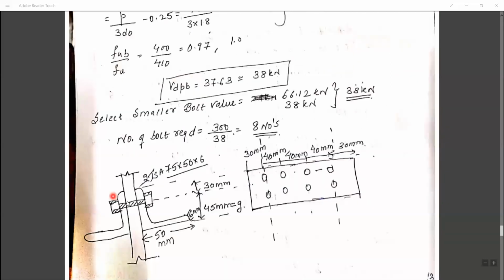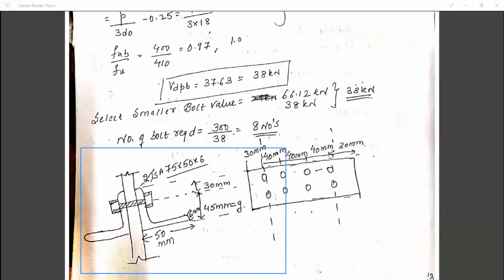See here, whenever I am doing a bolting angle for double angle section, if you see this figure, whenever I am going for double angle section, this section and this angle section, here I am connecting the bolt.